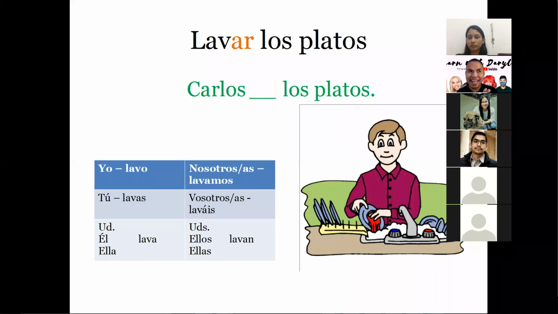Sometimes it's just weird for me whenever I think of words in Spanish and then I realize, oh my god, in Filipino it's the same. I just realized it's also laba. And so it's amusing in a way. So be careful, we don't say lava. I have some students, like American students as well, they say, oh lavo los platos.